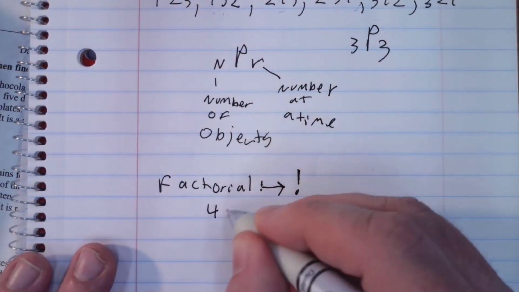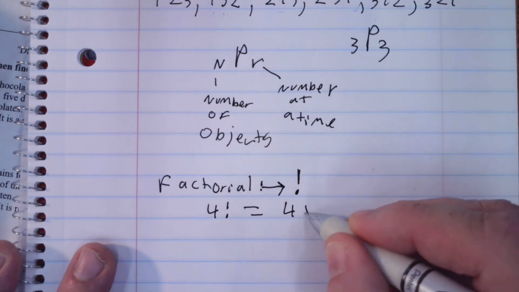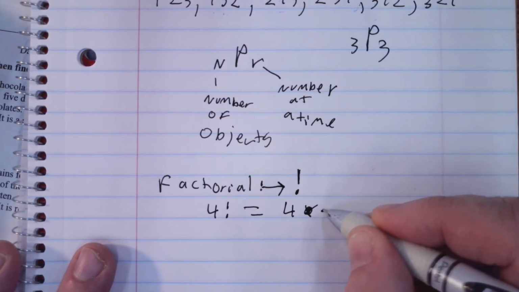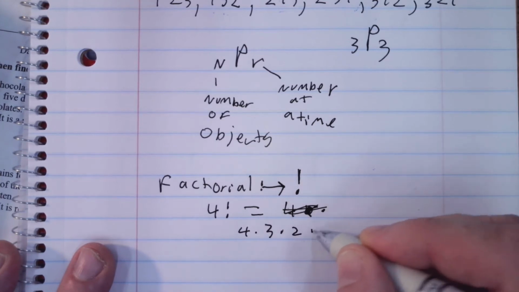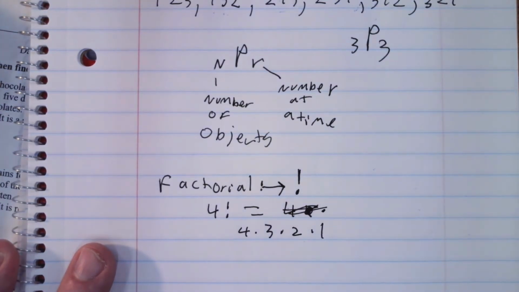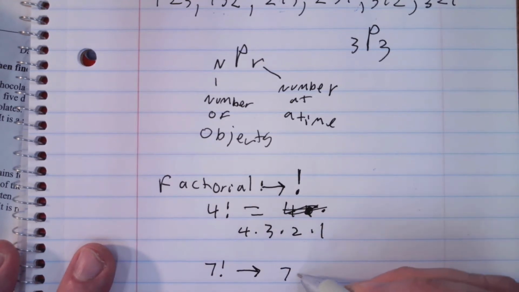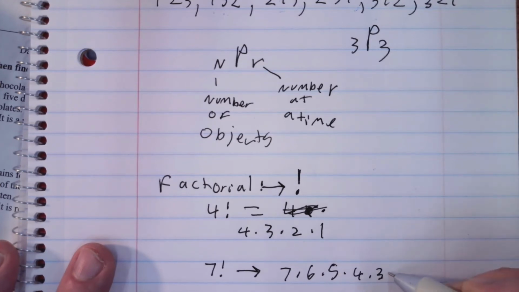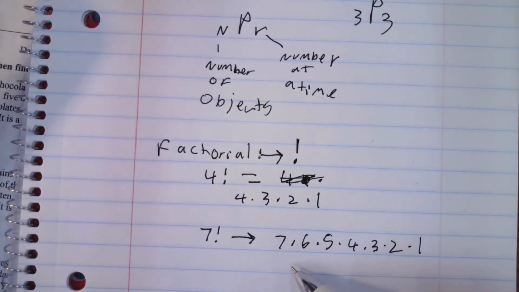If I have a 4 factorial, it means 4 times 3 times 2 times 1. If I had a 7 factorial, that means 7 times 6 times 5 times 4 times 3 times 2 times 1. You'd never want to type that in, would you?